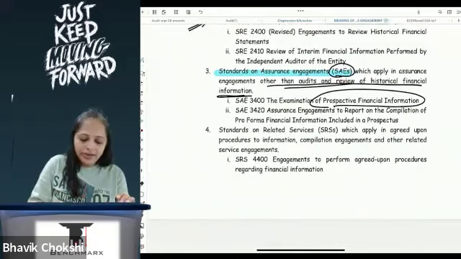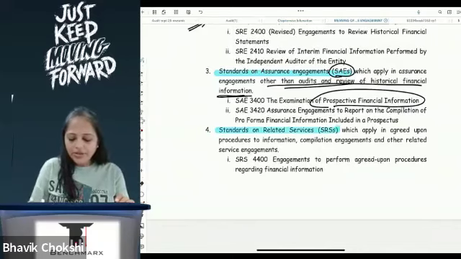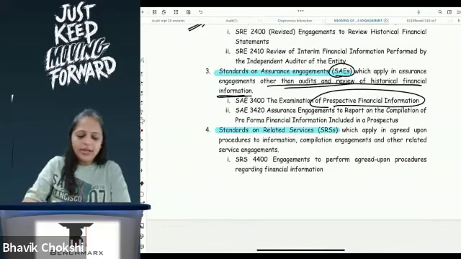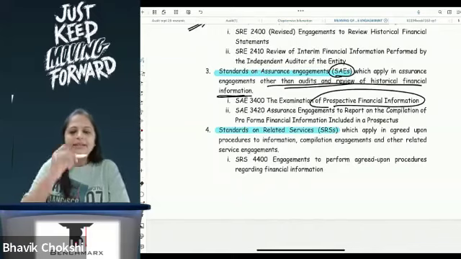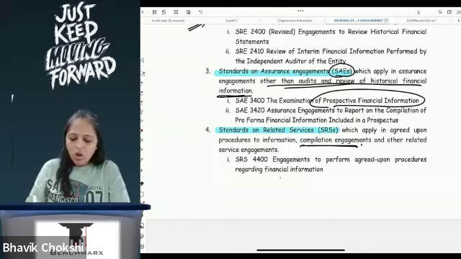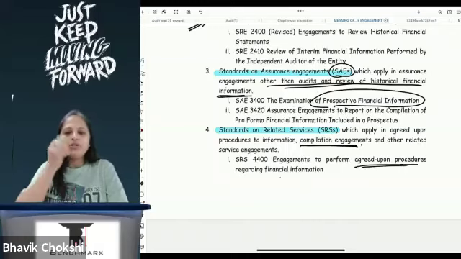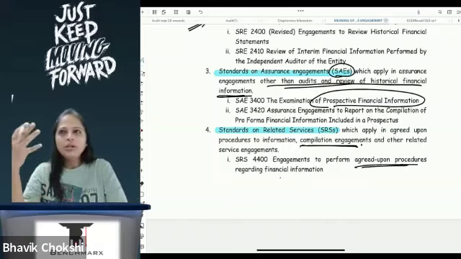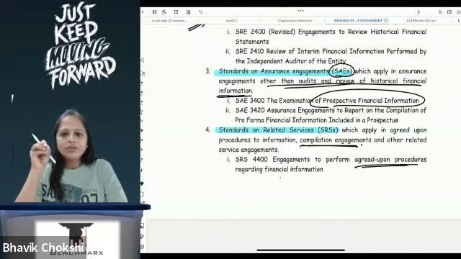And last we have your standard on related services. This is when I'm talking about anything related to a compilation engagement or agreed upon procedures. Here I'm not giving you assurance on anything.